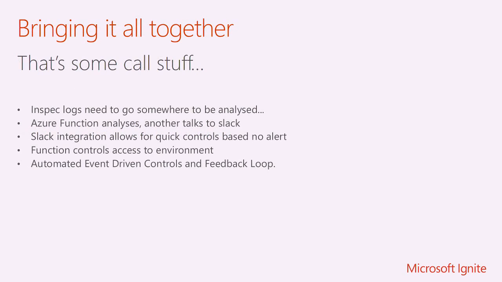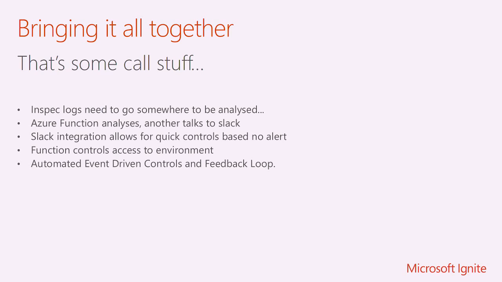All right. So the way that we actually bring it together: InSpec, and again, we'll go into a little bit more detail about it, is basically an open source product by Chef, and there's also a proprietary product there as well. What it actually does is look at the different servers for compliance. So what we'll be doing is taking the logs out of InSpec that come out of that compliance, using some Azure Functions to analyze those and say, are things good or not?